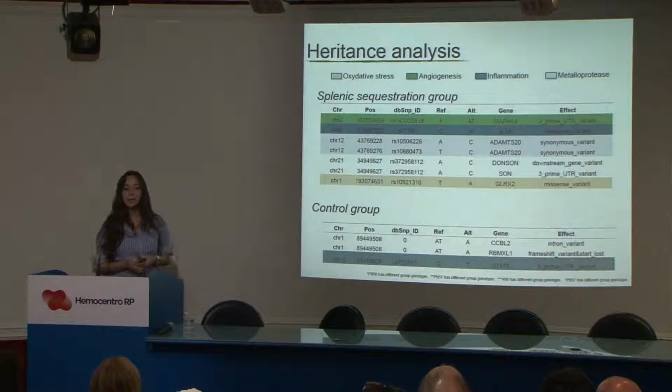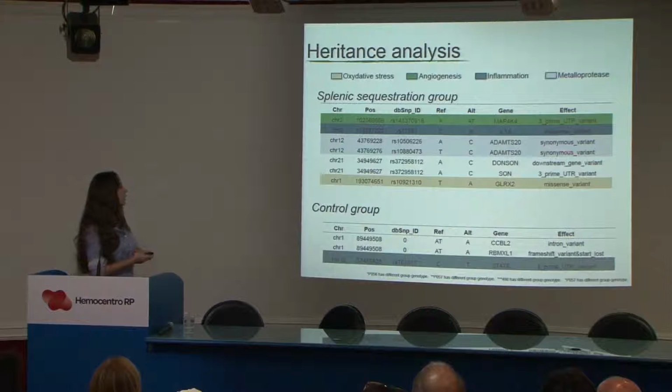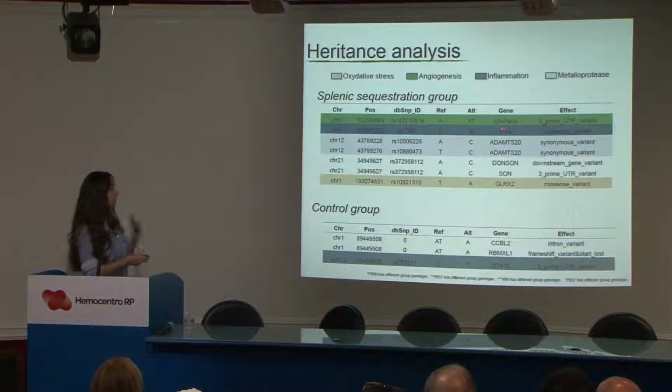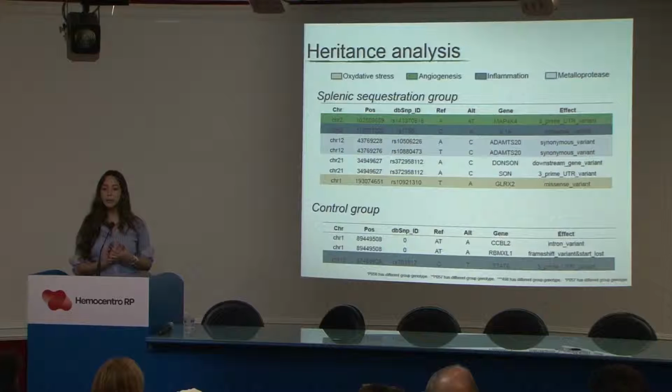So we selected some mutations, like in the genes MAP2K4 and IL-1A, which are involved mainly in oxidative stress, angiogenesis, inflammation, and metalloproteases, which are enriched in the environment of splenic sequestration and the bad function of the spleen.